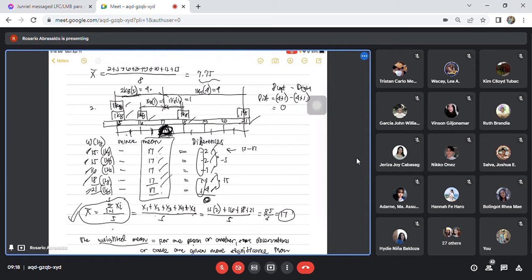So 1 kilogram times 1 is 1. If you add that 1, the total is 5. That is the left side. Now the right side: the distance from 21, with 1 kilogram placed at 21, times 4 units toward the mean. So I multiply 1 kilogram times 4, we get 4.